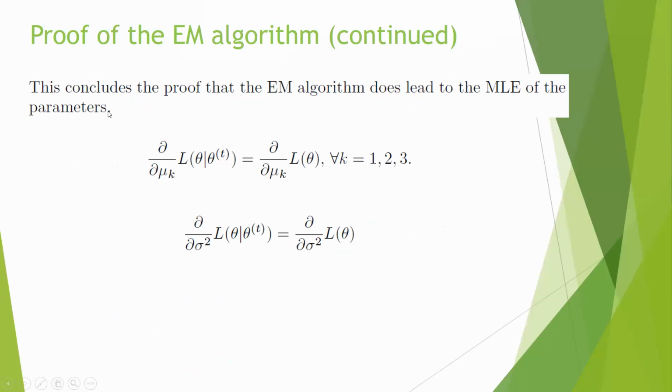So this is the conclusion here. This derivation shows the EM algorithm does get to the identical solution as the MLE if we do not have any missing data, which means the EM algorithm is a good solution to help us get the unbiased solution, even if we have the missing value.